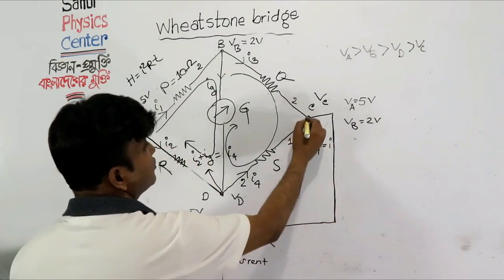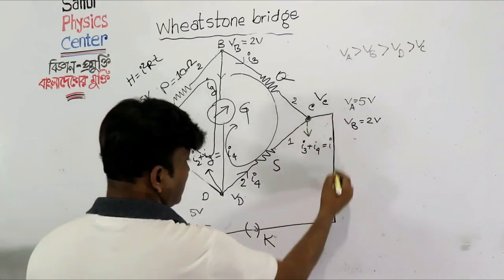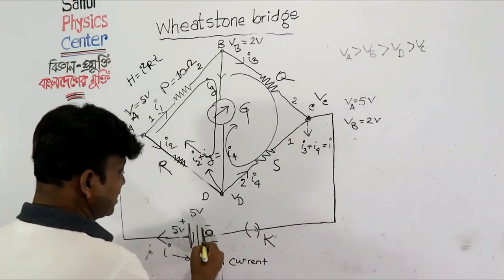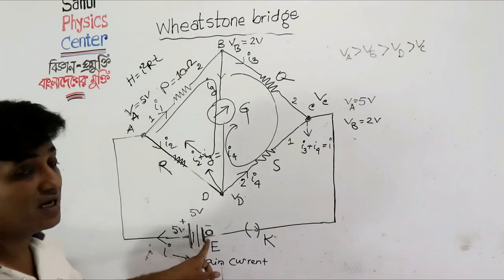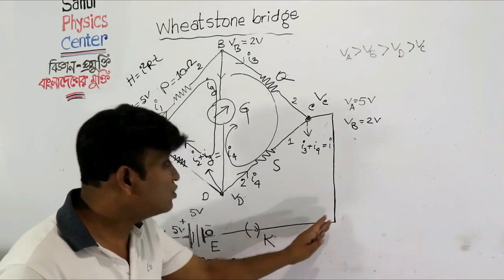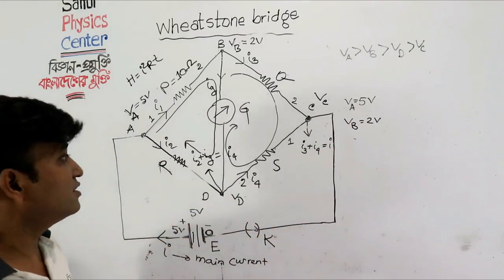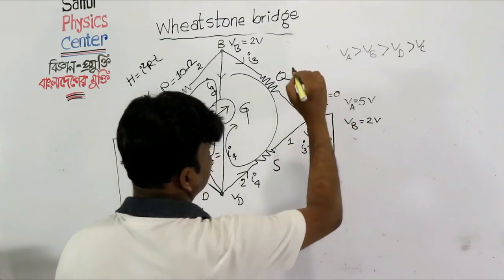Now this point C is directly connected with the negative terminal of the battery, as the potential at the negative terminal is 0 and there is no resistance here. Therefore, the potential at point C will be 0.